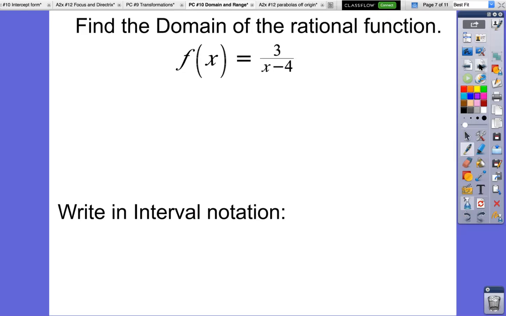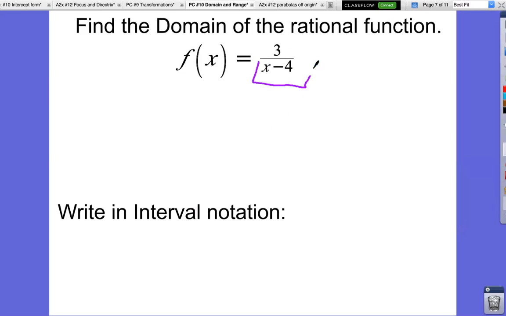No, not even a little bit. So all we do here is I take this and I do what to it? Set it equal to 0. Add 4 to both sides. What this means is x cannot equal 4. So x can be any value except for 4.